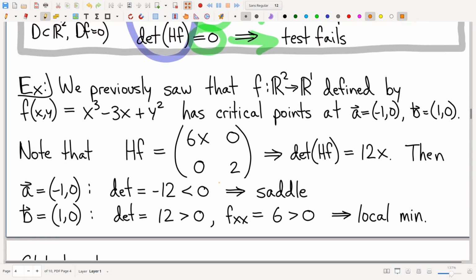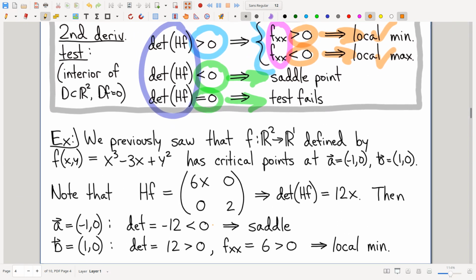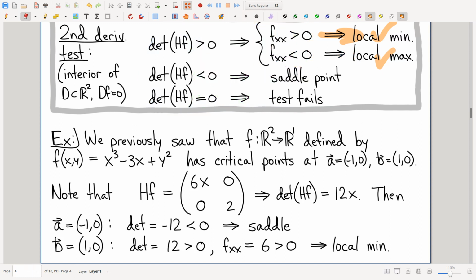Okay. All right, so example, and I'm going to be quick with the example because it's literally plug and chug into the second derivative test rule here. And actually, I've got to keep that up on the page. Here we go. Let me clear this off. Right, so we have previously looked at this function. We found 2 critical points. We threw up our hands at the time and we're like, I don't know if these are maxes or mins or neither or what, right? I have no idea what's going on here.